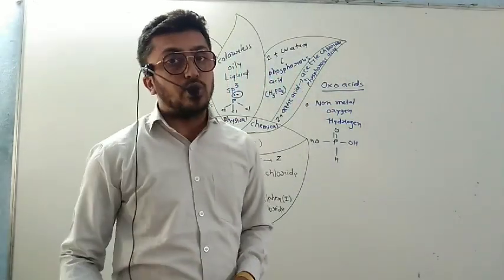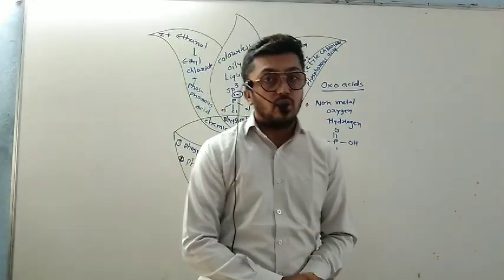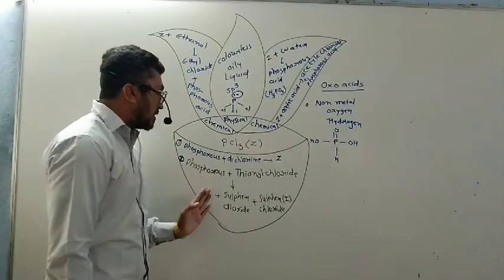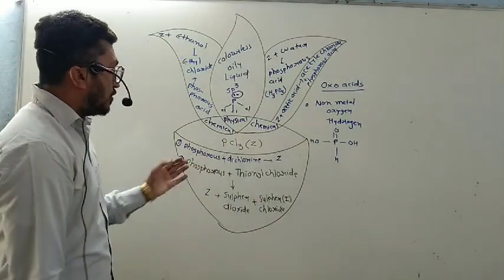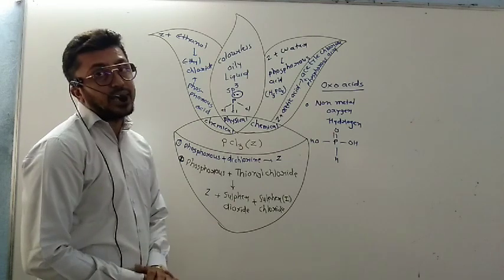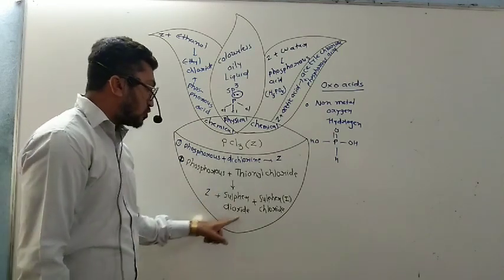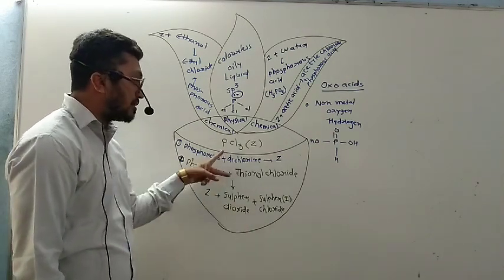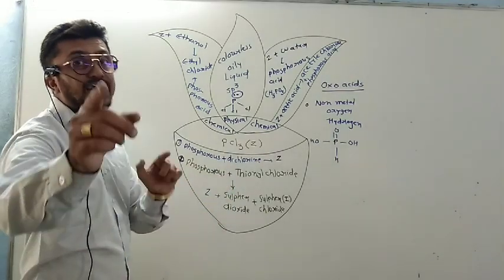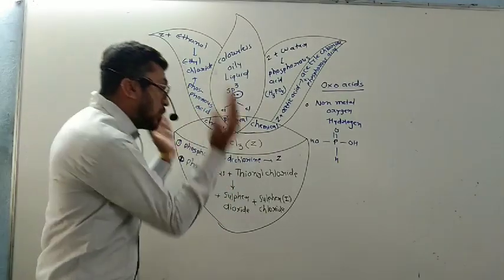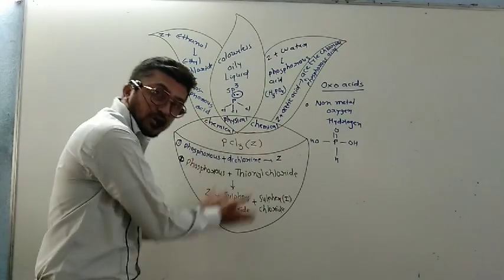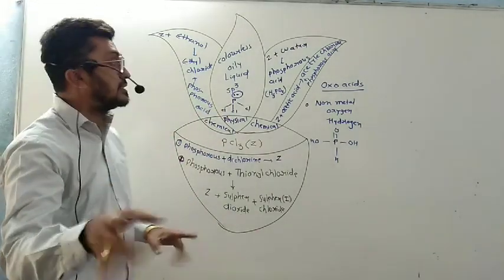Again, we will repeat all the points. Let's see. Preparation of PCl3: phosphorus plus dichlorine; phosphorus plus thionyl chloride, SOCl2, giving SO2 and S2Cl2. Dear students, remember this important point: you all have to balance this chemical reaction. I will not balance the reaction, I will not write the chemical reaction, you all have to write this.